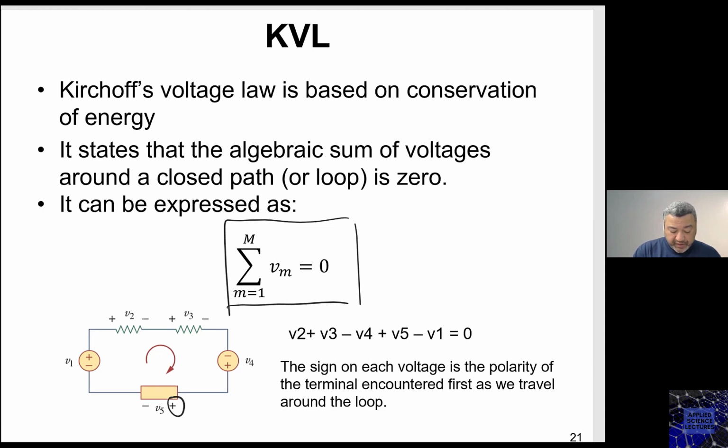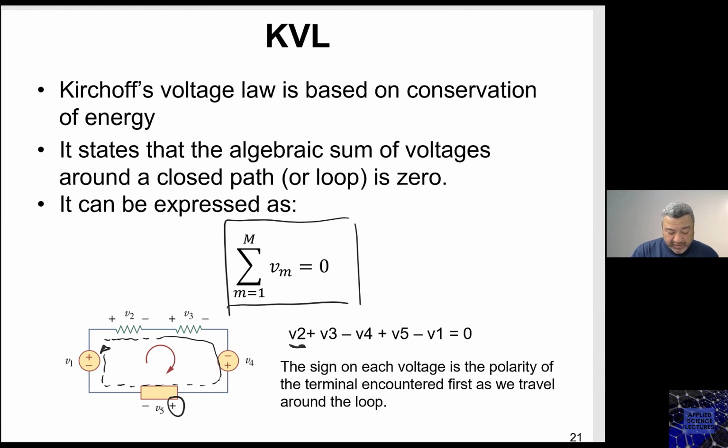V2 as positive. Let me expand this loop. If I expand this loop, it's going to look something like this, just to make it easier for me. This is the same as the red loop. However, I have expanded it just to look bigger to you. So you can see that the loop is entering the positive terminal for V2, and that's why I wrote it as positive V2.